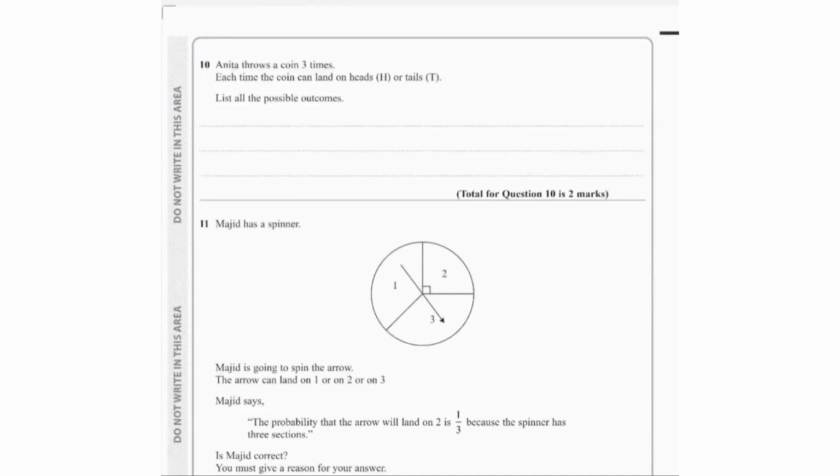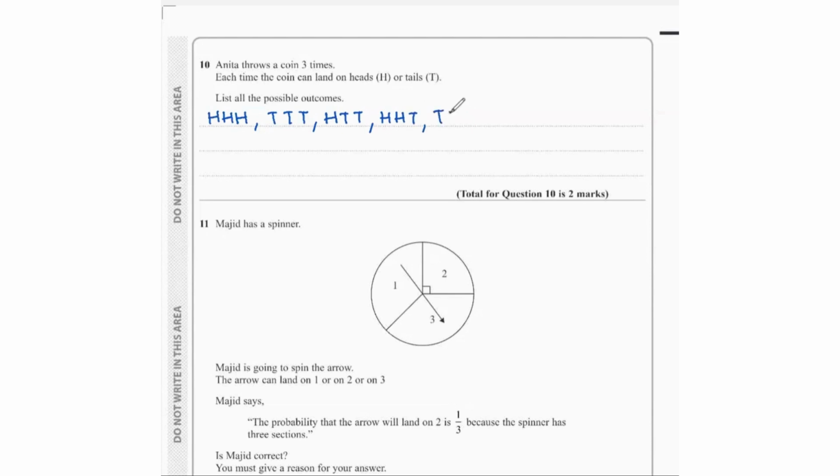Question 10 says, Anita throws a coin 3 times. Each time the coin lands on heads or tails. List all the possible outcomes. So if she's throwing the coin 3 times, she can get all heads. Then she can get all tails. She can get heads first and then 2 tails. 2 heads and then last tails.